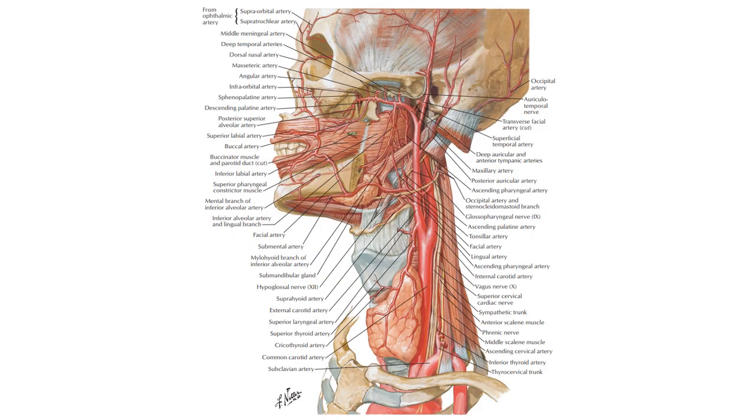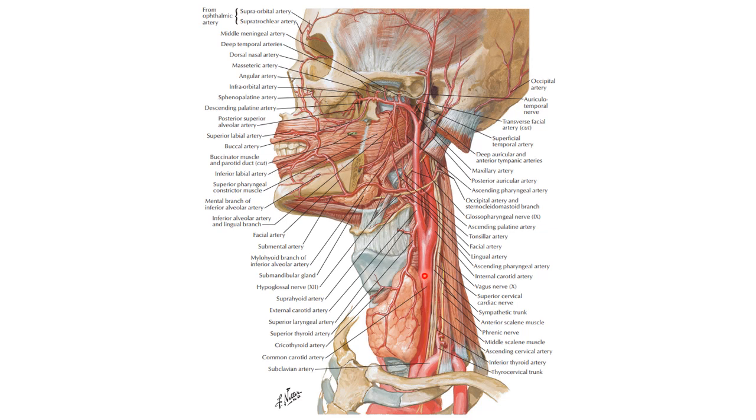So let's just recap those. This would be the thyrocervical trunk, and this would be the ascending cervical artery. So that will supply the pharynx.